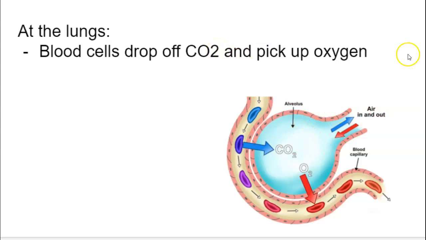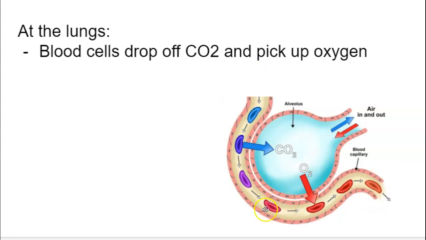So in our lungs, we've got these little air sacs, and they're called alveoli. And there are little capillaries next to them that serve to pick up and drop off carbon dioxide and oxygen. So this is the same picture we saw on the previous slides, just a different representation. So the blue part's the lungs, and then this is our blood vessel.